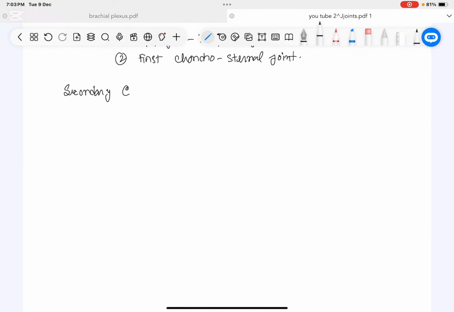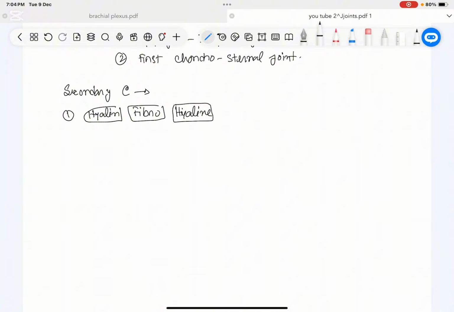Secondary cartilaginous joint also has some properties. The first thing we can say, there will be hyaline, then fibro, then hyaline. That means in between the skeletal components there will be hyaline cartilage, fibrocartilage and hyaline cartilage.